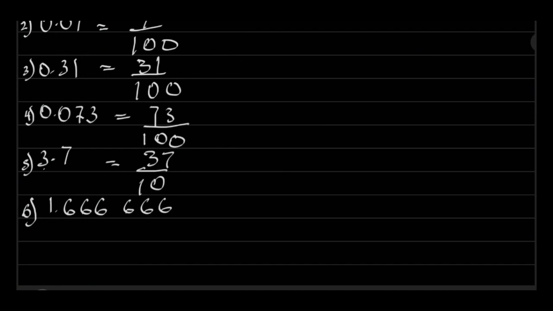Now for question 6, we have a non-terminating recurring decimal. How do we change such a decimal number to a fraction? That is quite easy, and we are going to learn that just now. First, we are going to equate our decimal to r.